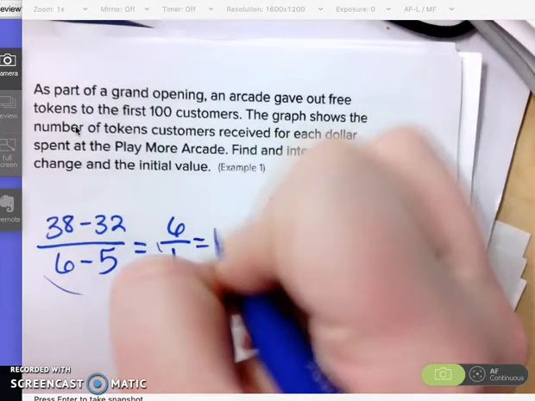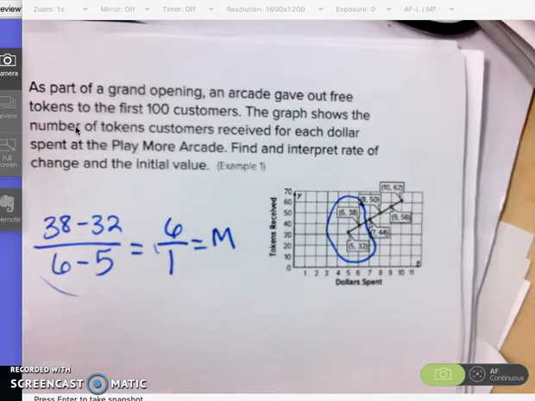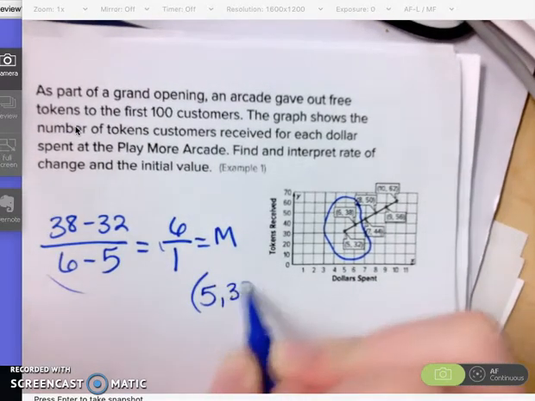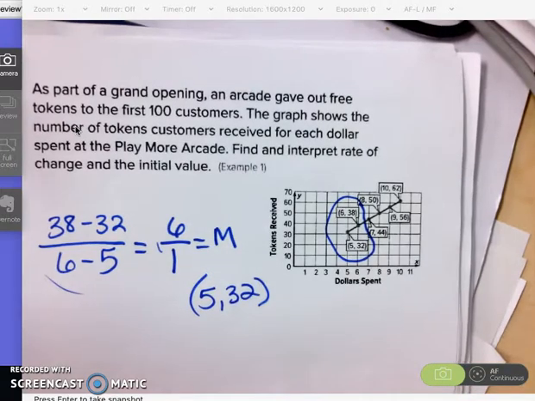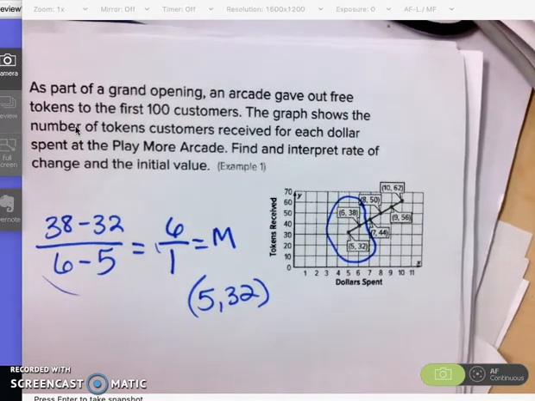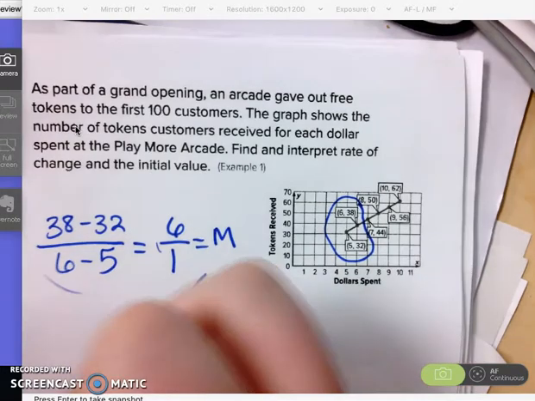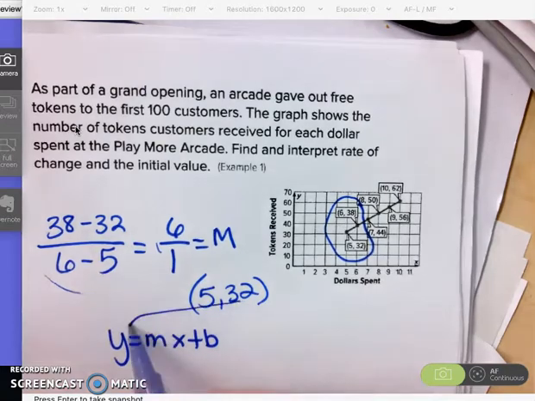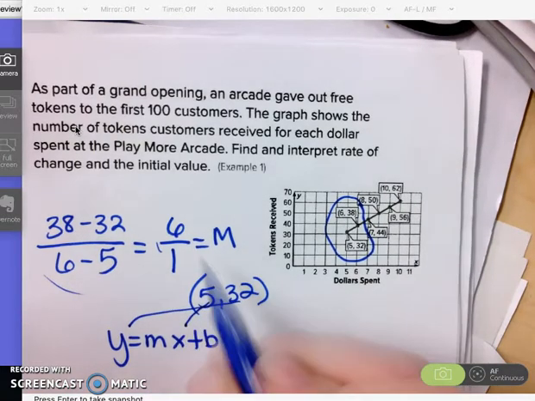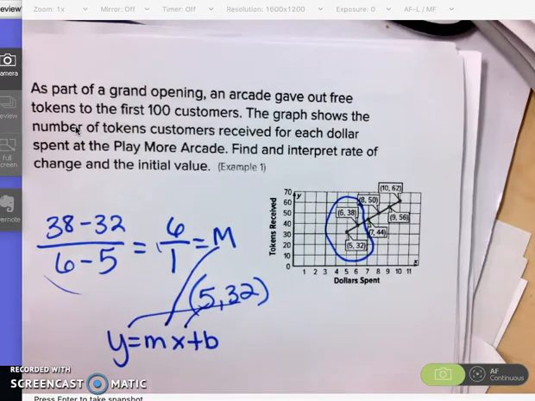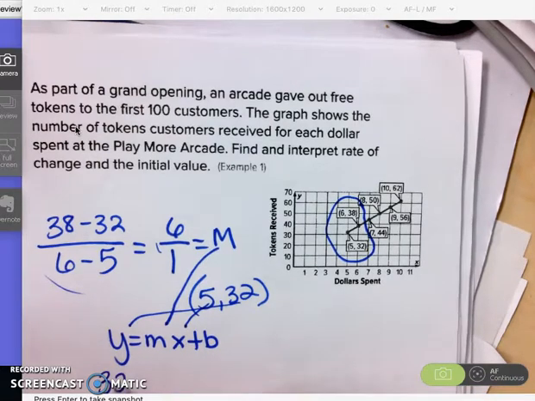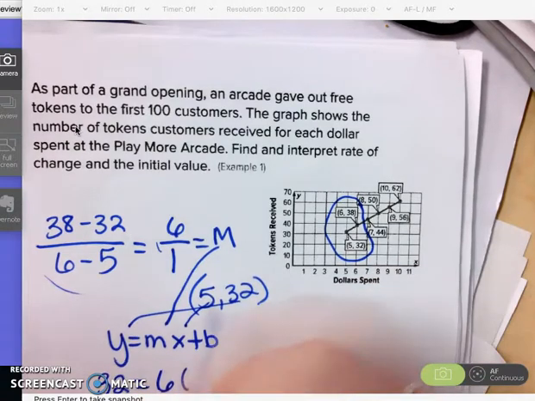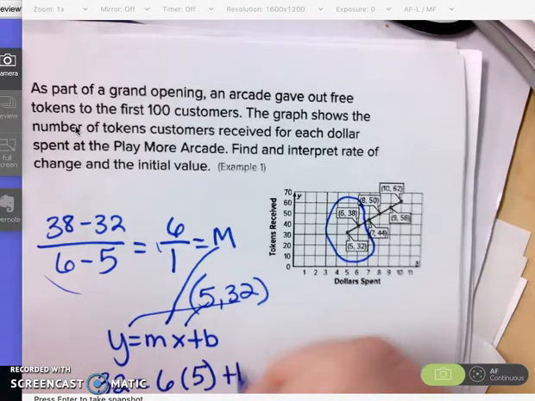This is your m. Then you're going to choose 1 point, either one, 5, 32, and you're going to substitute that into your equation. So y equals mx plus b. Substitute the y in for y, the x in for x, and your m for m. 32 equals 6 divided by 1 is 6. x is 5 plus b.